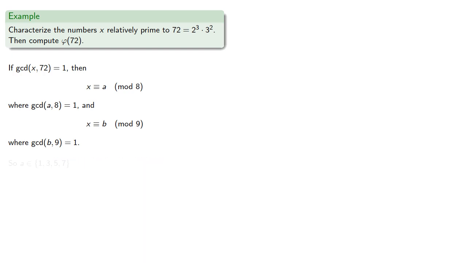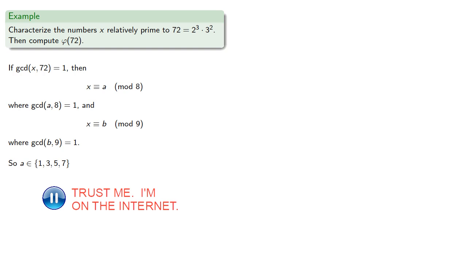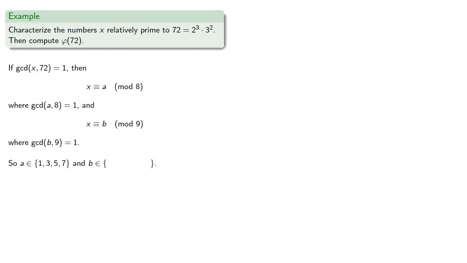So a could be one of the things relatively prime to 8. So it's 1, 3, 5, or 7. And b could be one of the things relatively prime to 9. So there are 24 numbers that are relatively prime to 72. And so phi of 72 is 24.